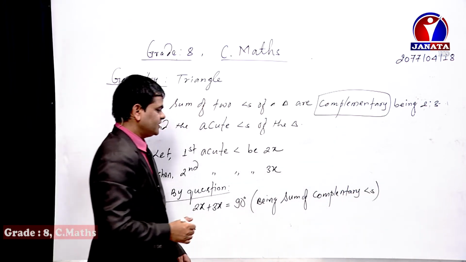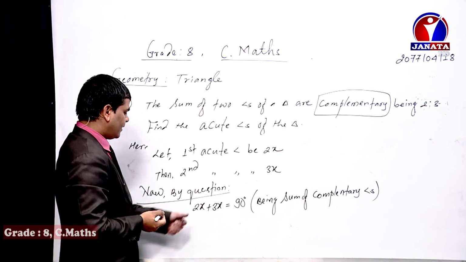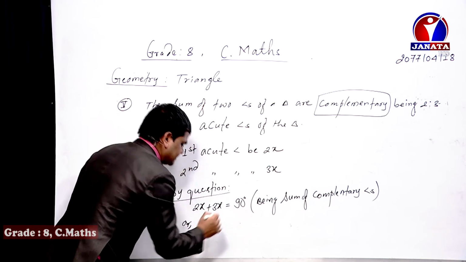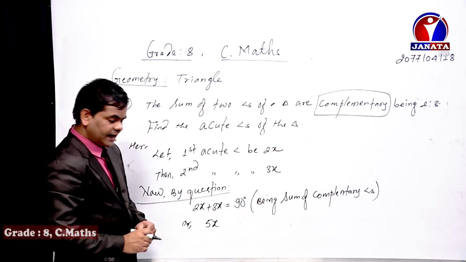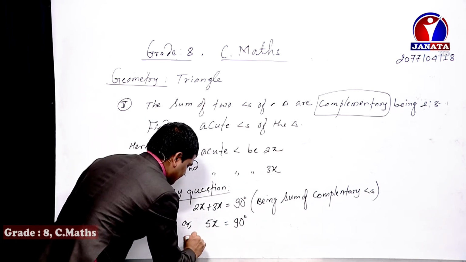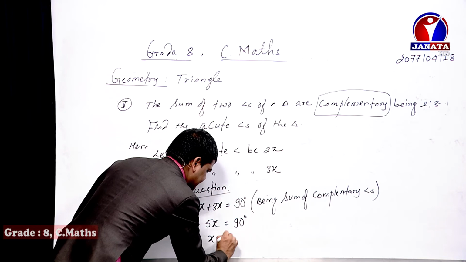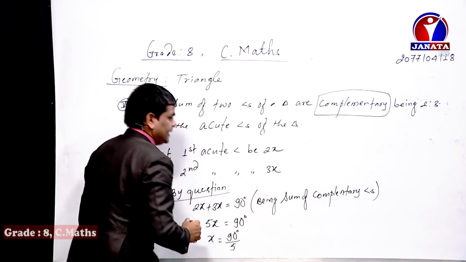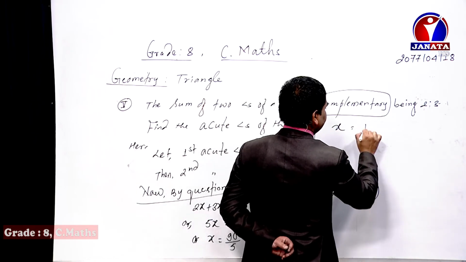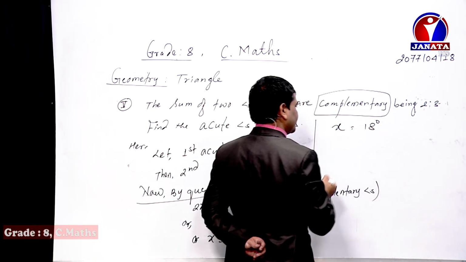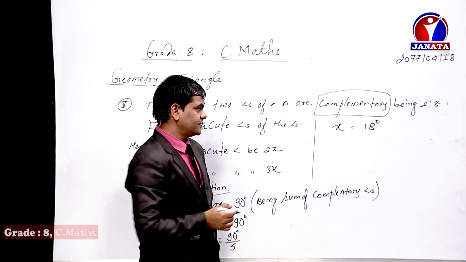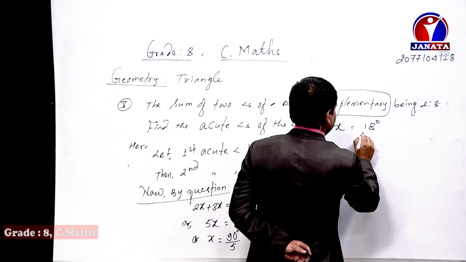Now, 2x plus 3x equals 5x because they are like terms. Then 5x equals 90 degree, and then x equals 90 degree divided by 5. What is the value of x, dear student? It will be 18 degree, isn't it? 5 18s are 90. So that's why the value of x came as 18 degree.